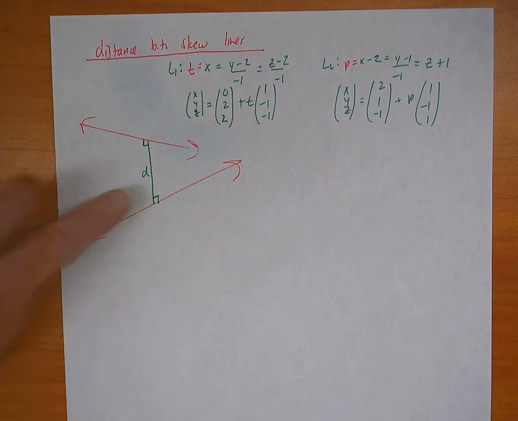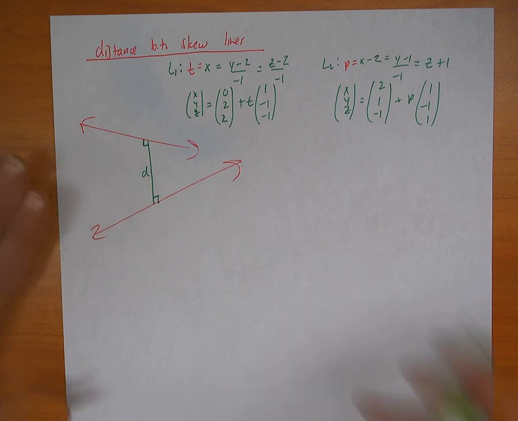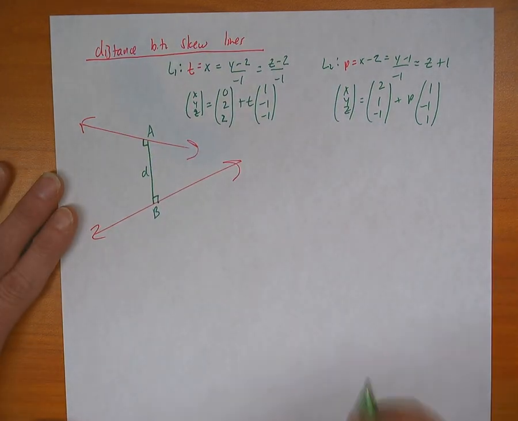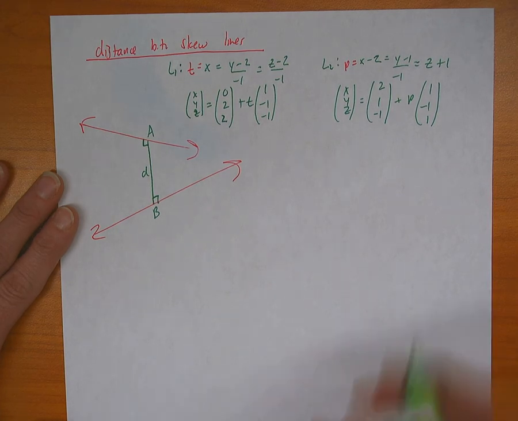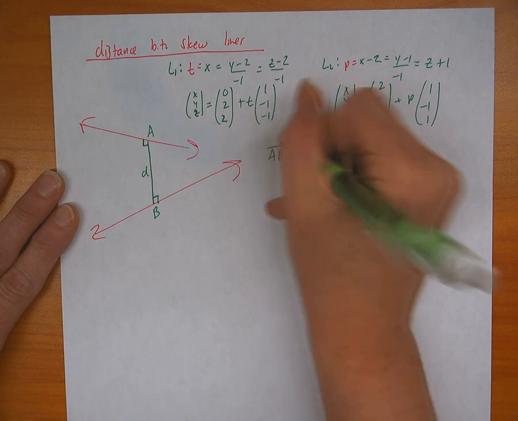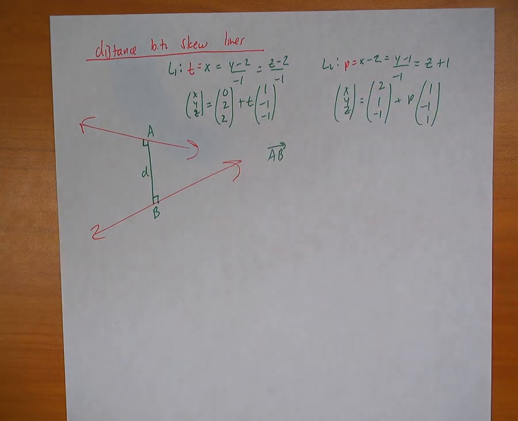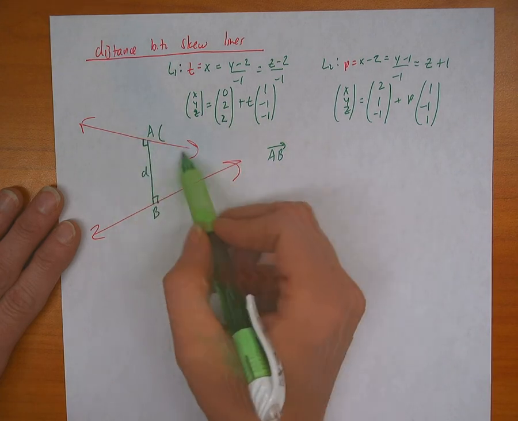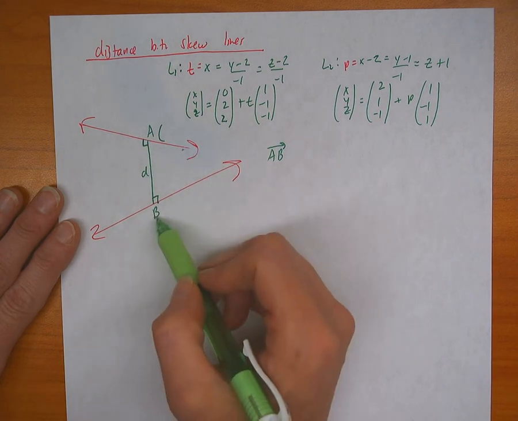Now what I want is a line that is perpendicular to both of these. So I'm going to call this point A and this point B. So I need some representation for AB. Well, if I think about what A and B are, let's say that A is on line 1, and let's say that B is on line 2.